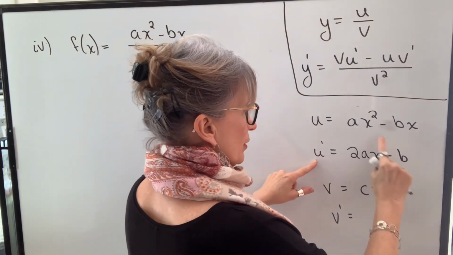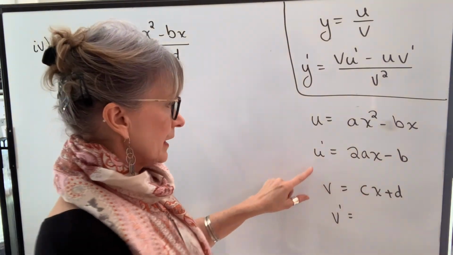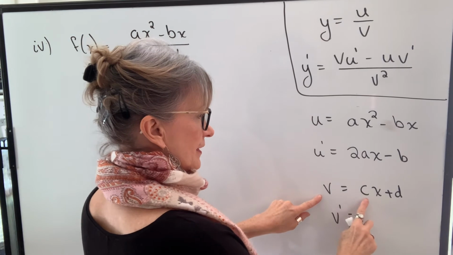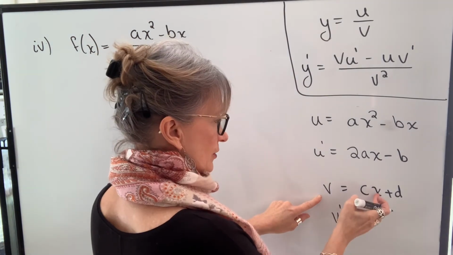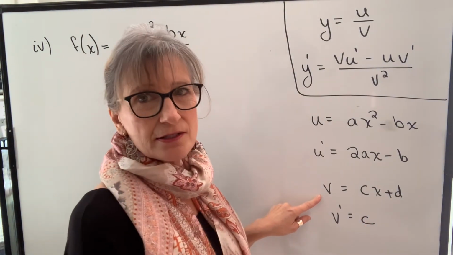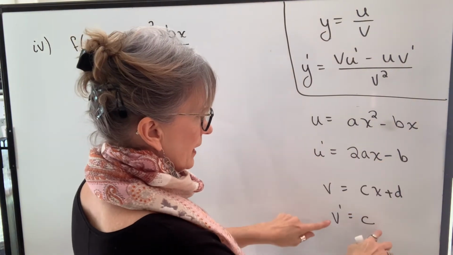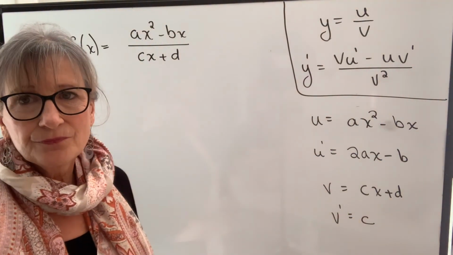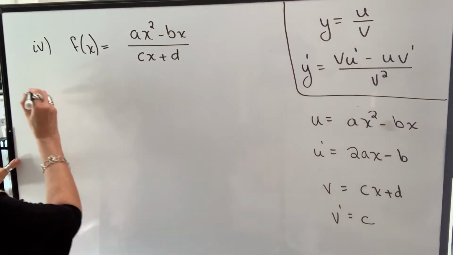So this is the expression for the derivative of this function with respect to x. I do the same thing with this function. C is a constant. Take c times the derivative of x, which is 1, plus d is a constant. The derivative of a constant is 0. Those are my derivatives. Now I plug those into my formula.